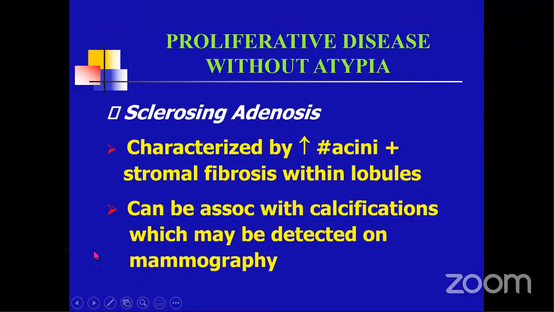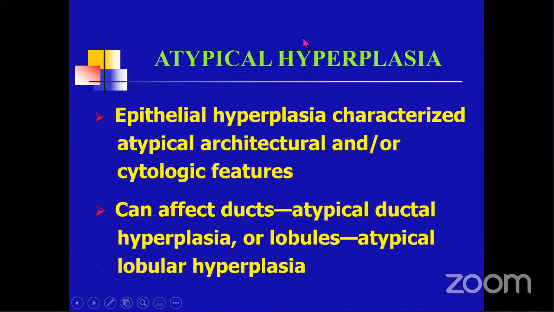Okay. Sclerosing adenosis, so increase in acini as well, with stromal fibrosis within lobules, and this can be associated with calcifications which may be detected on mammography. So that is without hyperplasia.